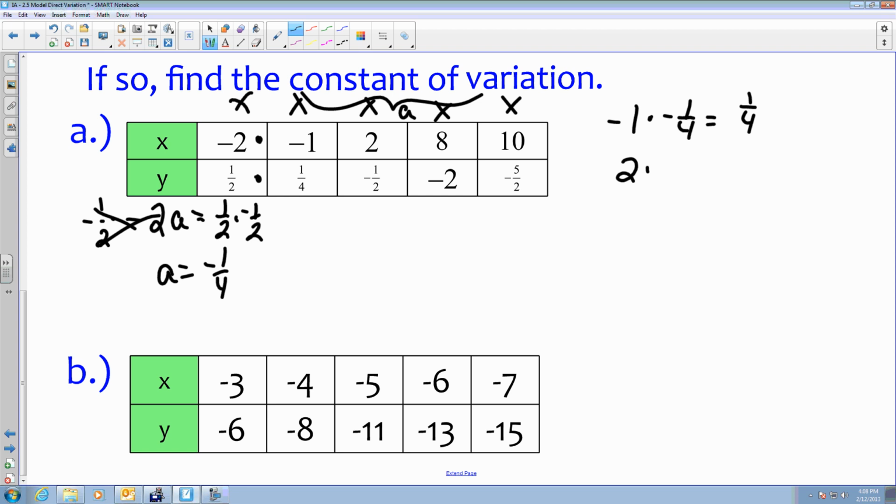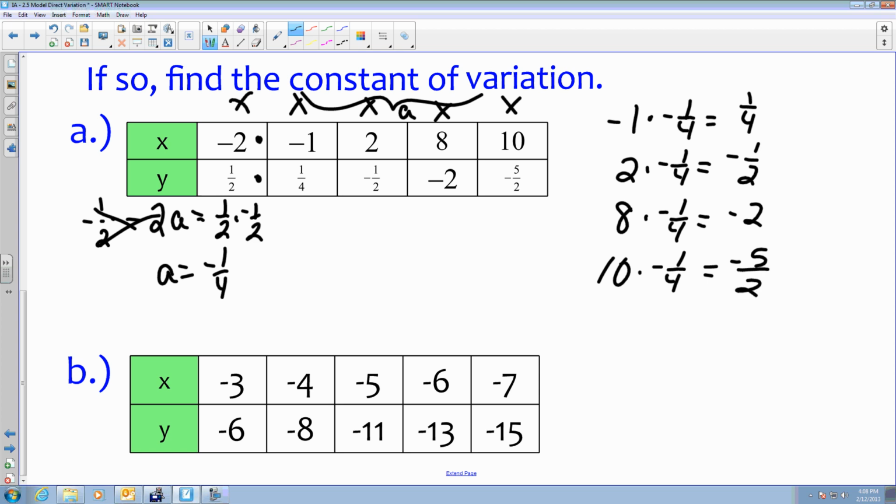So if I have 2, multiply that by negative 1/4, will it equal negative 1/2? Yes, it will. If I go 8, multiply it by negative 1/4, will it equal a negative 2? Yes, it will. And then 10, multiply that by a negative 1/4, will it equal a negative 5/2? Yes, it will. So it would hold true in every single one of those x, y values.